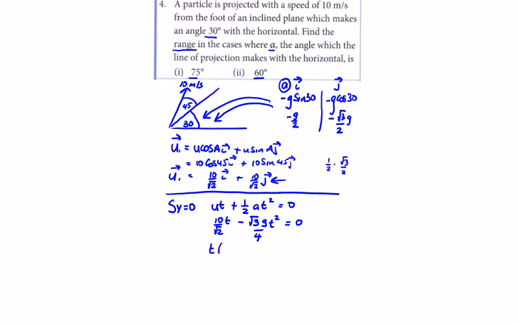Factor out your t, and you're going to get 10 over root 2 minus root 3 gt, it's a tongue twister, over 4 equals 0.